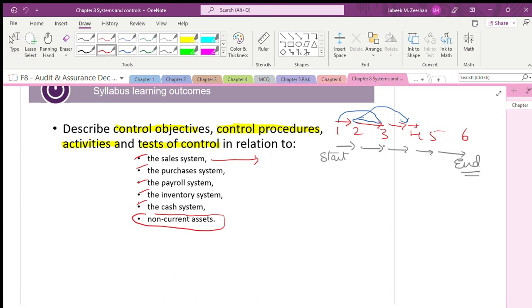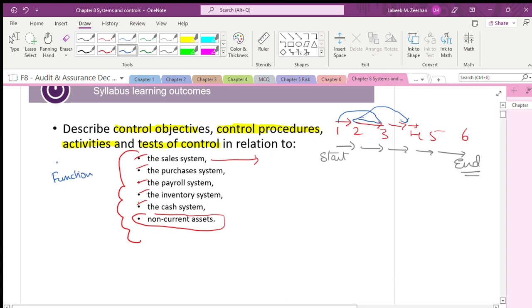These are all functional levels. These are the functions: payroll, sales, purchases, inventory, cash, non-current assets.